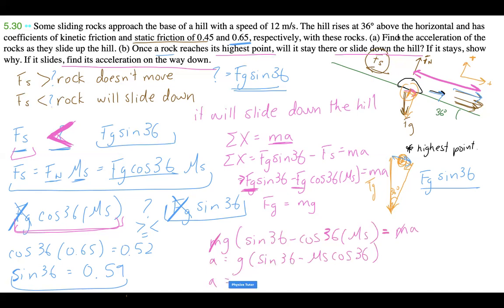And when we plug that into our calculator, what do we get? Plug that in one more time. Not getting the right answer.